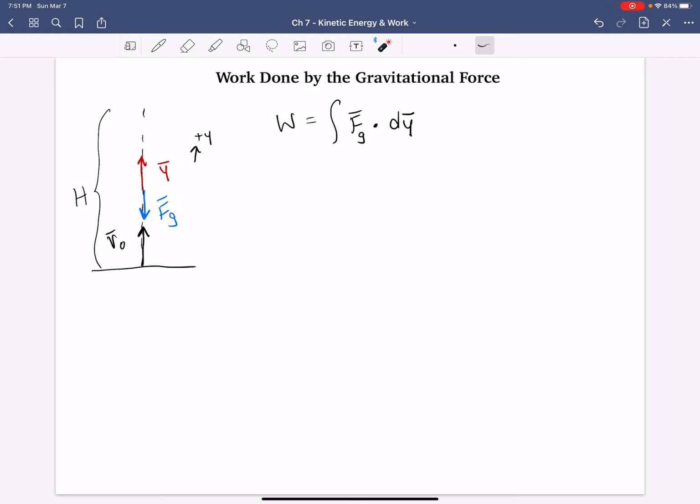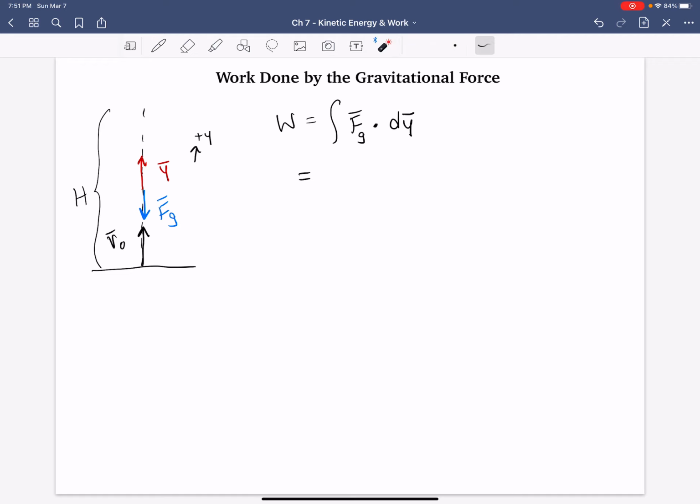Sometimes you'll have a variable force or your angle will change. In this case, the gravitational force magnitude doesn't change and the angle is not changing, but the height is changing. So we want to find the work done across all of those differential heights. Let's evaluate this.